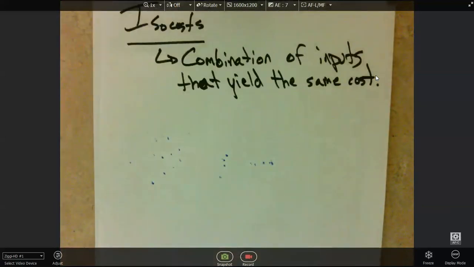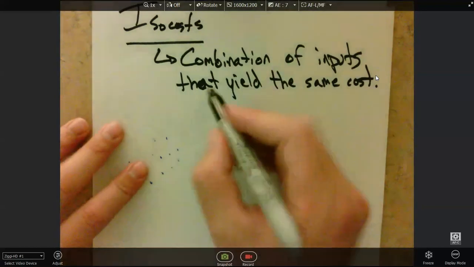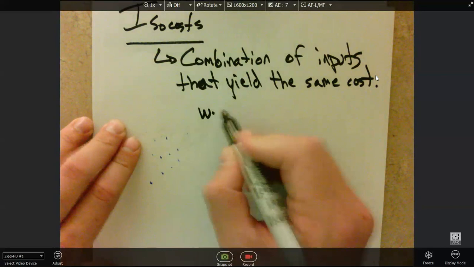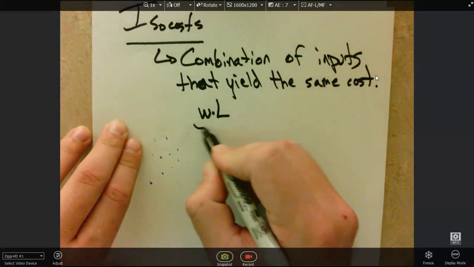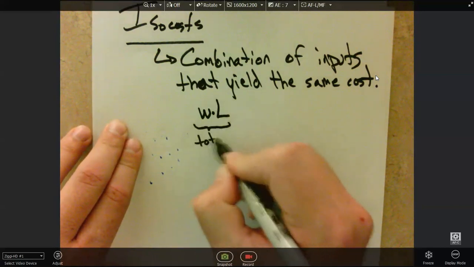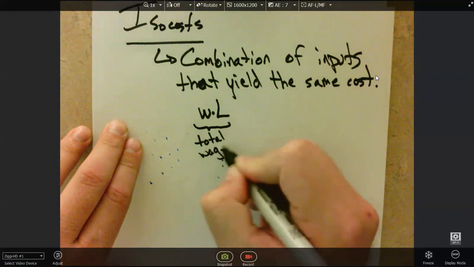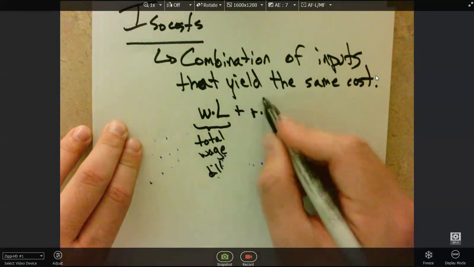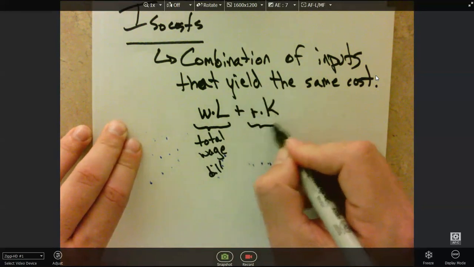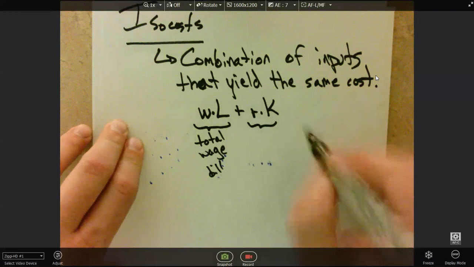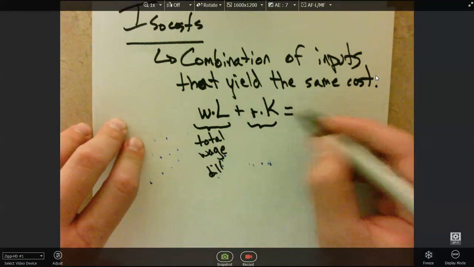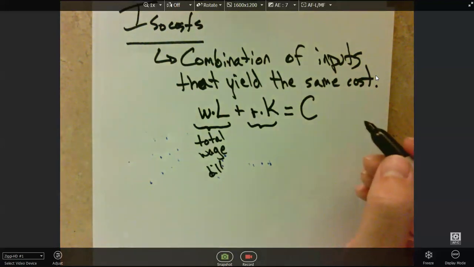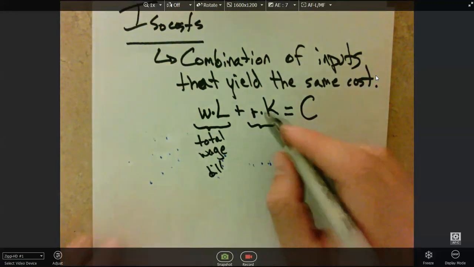Now, iso-costs have to do with the fact that the wage rate times the labor, W times L, is my total wage bill, plus my rental rate times my total capital stock I'm employing, R times K, is my total capital bill, and that is going to equal some cost.